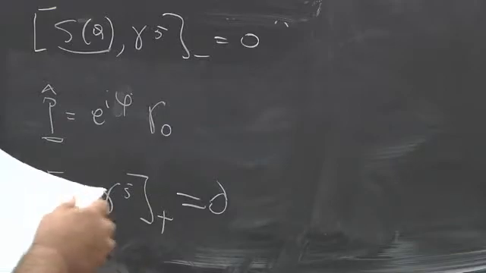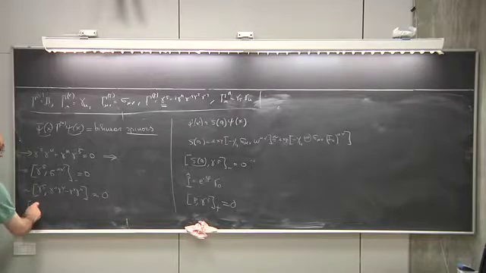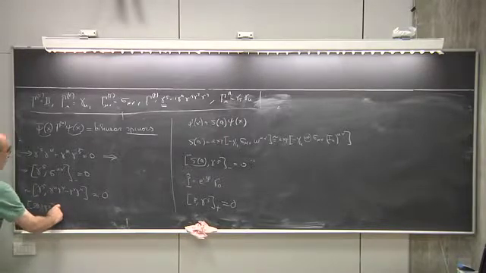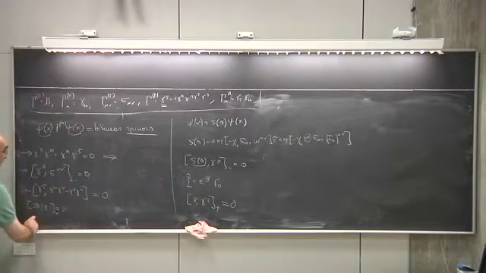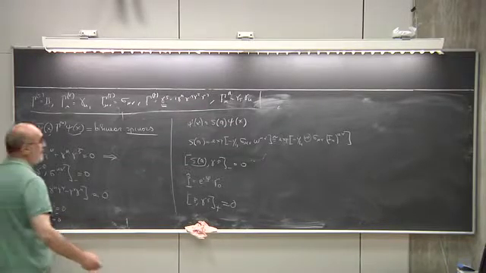Okay, now we are equipped with all the things. So basically, let's write down here: S_A and gamma 5 commute, and P, the space reflection, with gamma 5 anti-commutes.